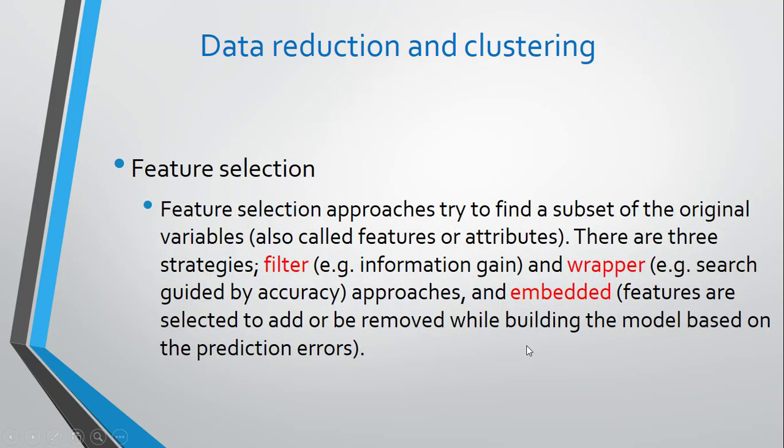Okay? Feature selection. Feature selection approaches try to find a subset of the original variables, also called features or attributes. Right? There are three strategies: filter, that is using an information gain filter; wrapper, that is a search guided by accuracy; and the embedded approach, that is, the features are selected to add or be removed while building the model based on the prediction errors.